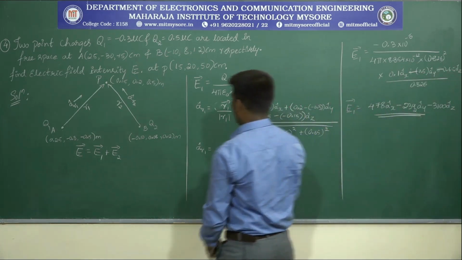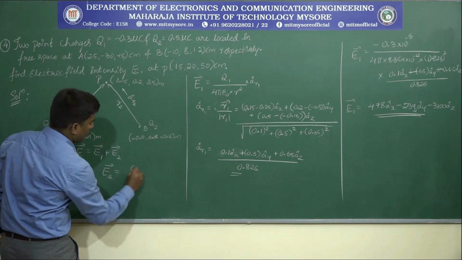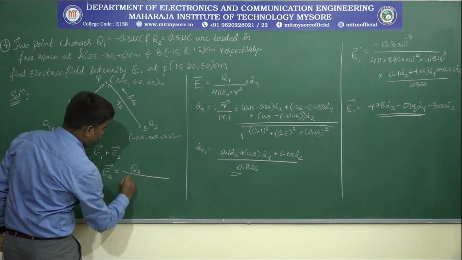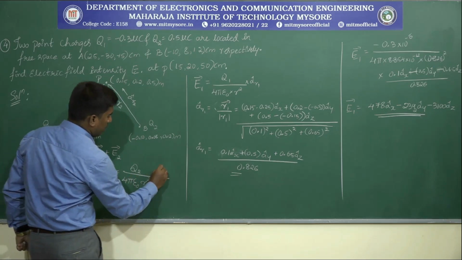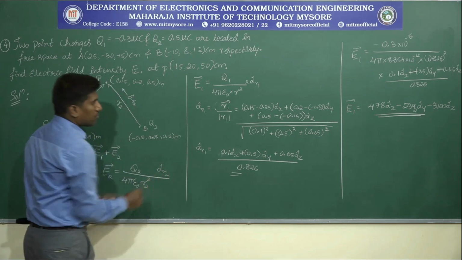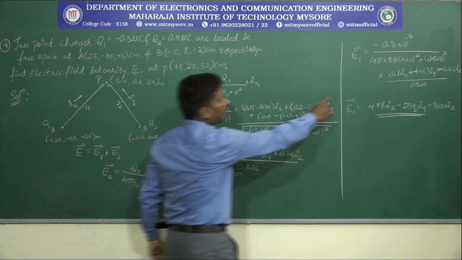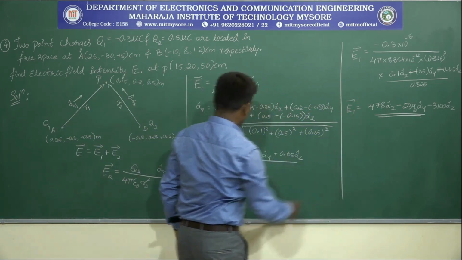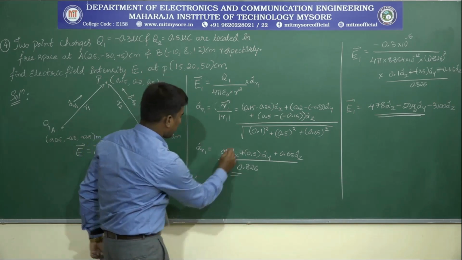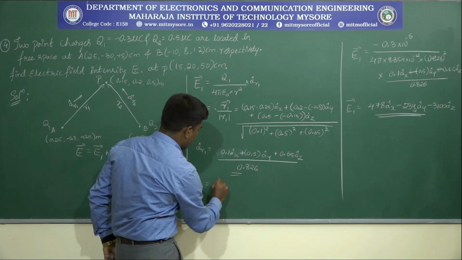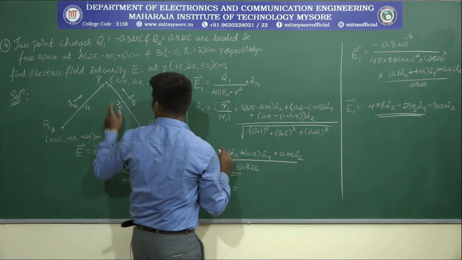Similarly, if we try to calculate E2, then E2 is equal to Q2 divided by 4 pi epsilon naught R2 square into A cap R2. Substituting all these quantities and A cap R2 and solving, we are going to get E2. A cap R2 is equal to R2 divided by magnitude of R2. What is R2?